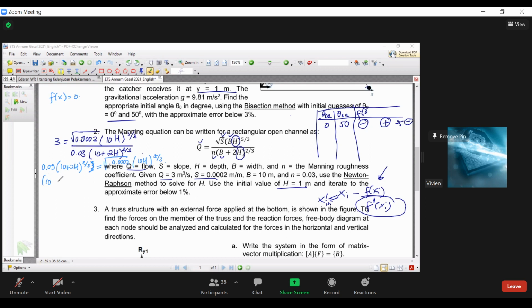So we have (10 plus 2h) to the power of 2 equals the square root of 0.0002 divided by 0.09, to the power of 3, then multiplied with 10h to the power of 5.